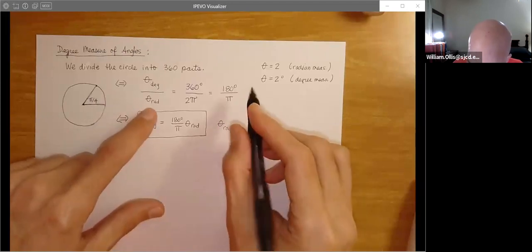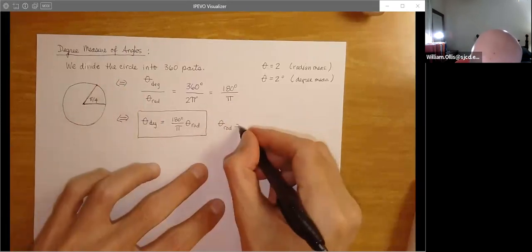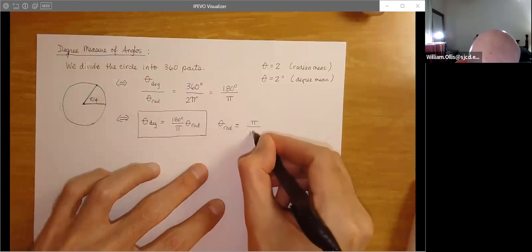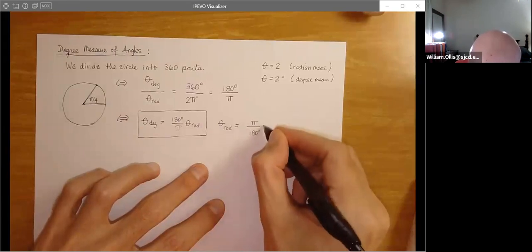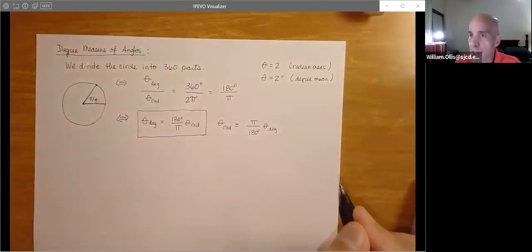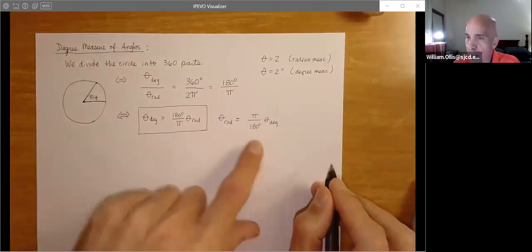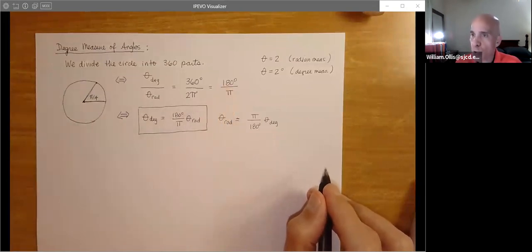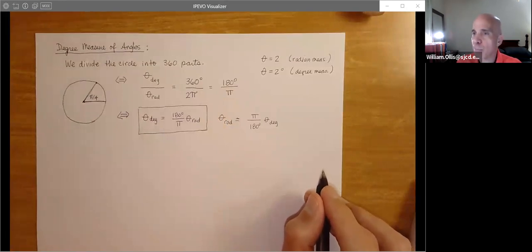Again, if you want to do that, we can just flip everything around. We get pi over 180 times theta in degrees. Now, of course, you can leave all this degree stuff out and just write the actual values for the degrees and leave the little circle out in the conversion formula. That's fine. I'm not going to be bothered by that.